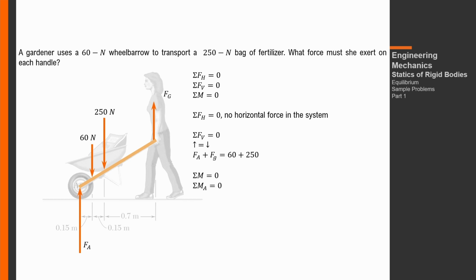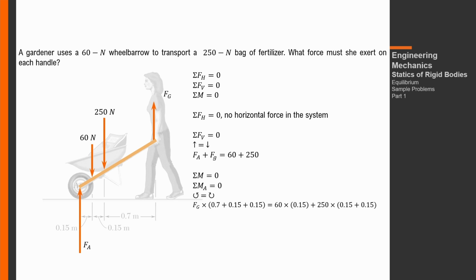So, dun tayo mag-moment. So, summation ng moment sa A is equal to 0. Counterclockwise moments ay equal sa clockwise moments. So, yung counterclockwise moment, ang magkakos lang nun yung force G or yung force exerted ng gardener. Tapos yung distance para maging moment, so 0.7 plus 0.15 plus 0.15, yung distance ng force exerted ng gardener papunta dun sa A. So, equal sa clockwise moment, ang magkakos naman nun yung 60 Newton force tsaka yung 250 Newton force.